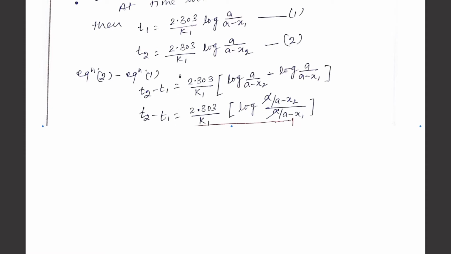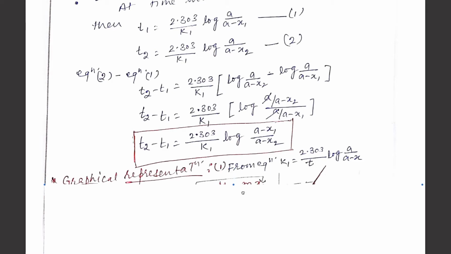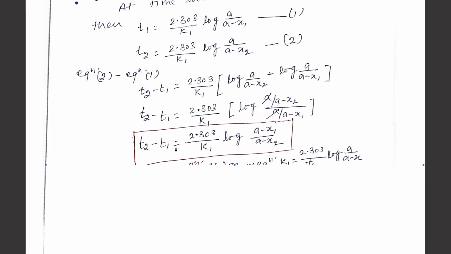Subtraction of equation 1 from equation 2 can be shown by this equation, and ultimately we come to equation 3: T2 minus T1 is equal to 2.303 upon K1 log (A minus X1) upon (A minus X2). This is the integral rate equation for a first order reaction when two different concentrations are known to us at two different time intervals.